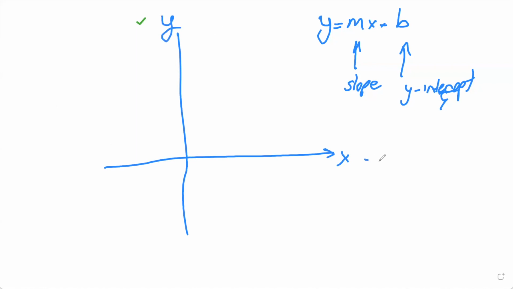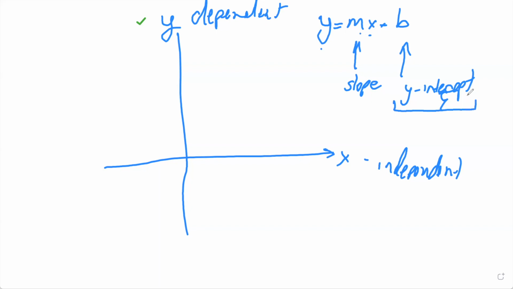X means independent variable, and y is the dependent variable. Remember, when I say y is dependent, it means whatever x I put will change my y. X I can decide, y I don't need to decide. Y will come automatically because y is dependent. X is independent.